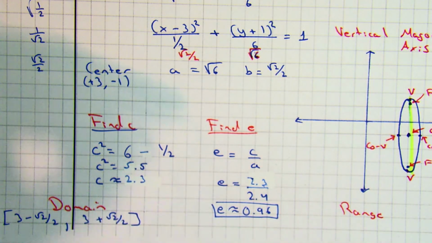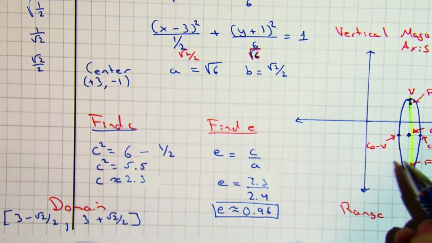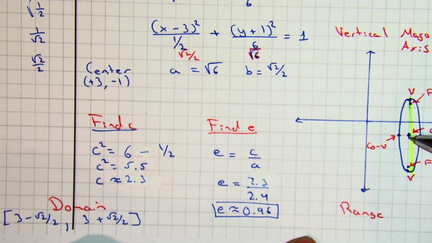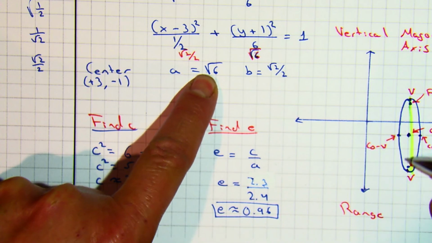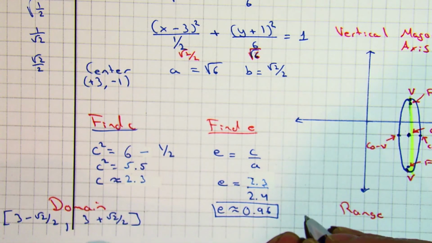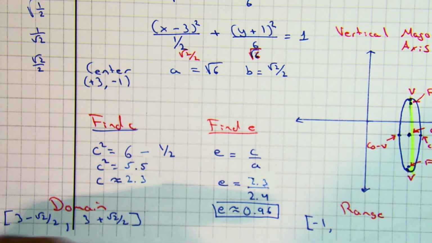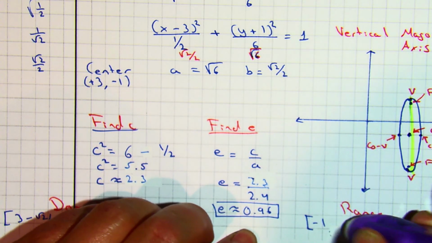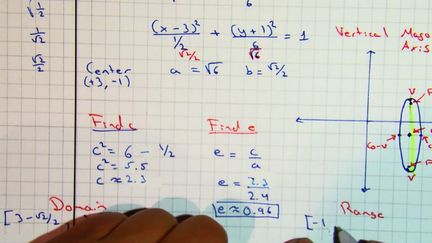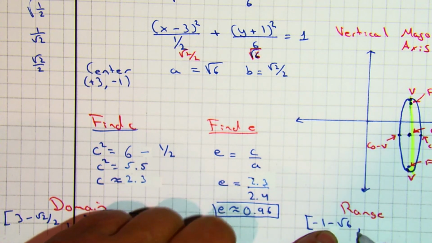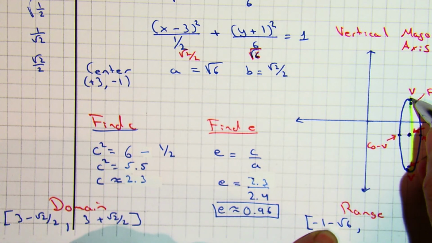For my range, we're going to do the same thing. For my range, the lowest value is this point, the vertex. So that'll be from -1 minus the square root of 6, because that's how far we came down, all the way to this point here, which was -1 plus the square root of 6.